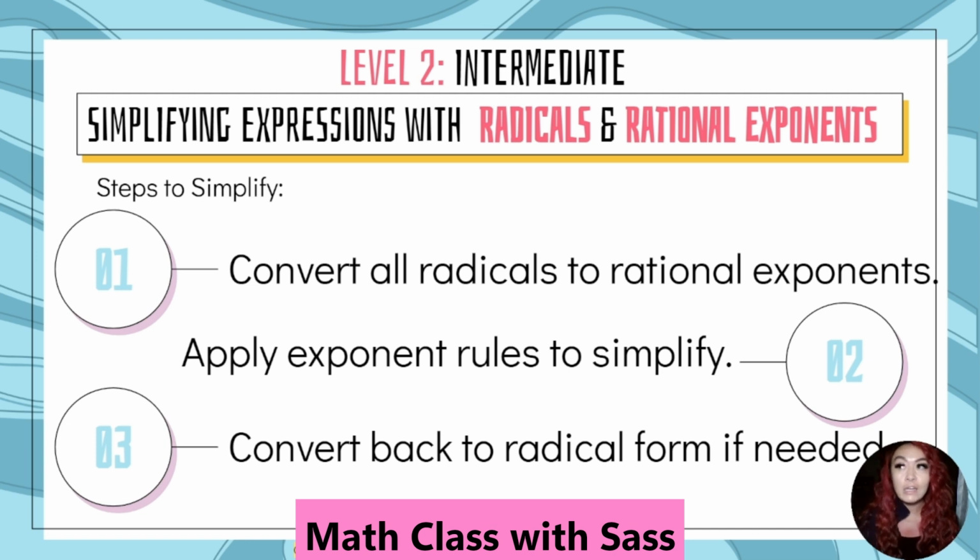It depends on what the question wants you to do, and if it's multiple choice, what form your choices are expressed in. So convert back to radical form if needed. Use strategy to decide whether or not you should convert back or not.